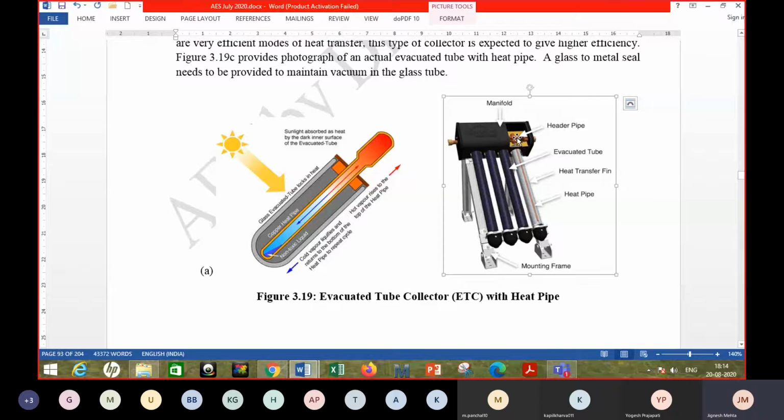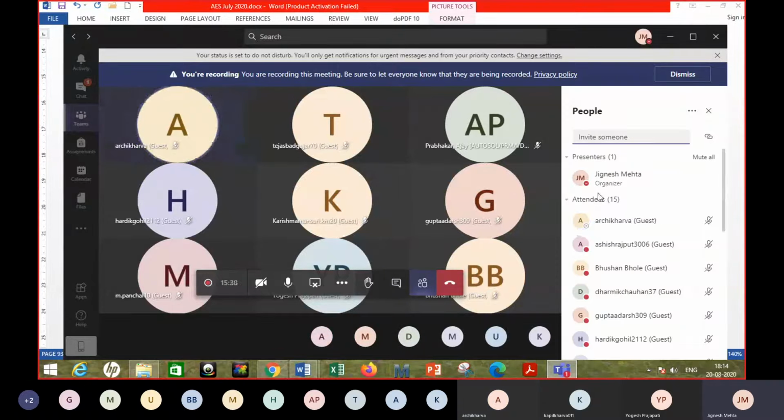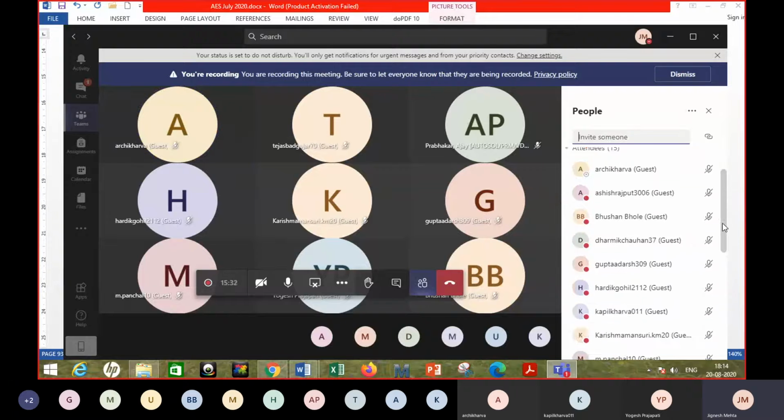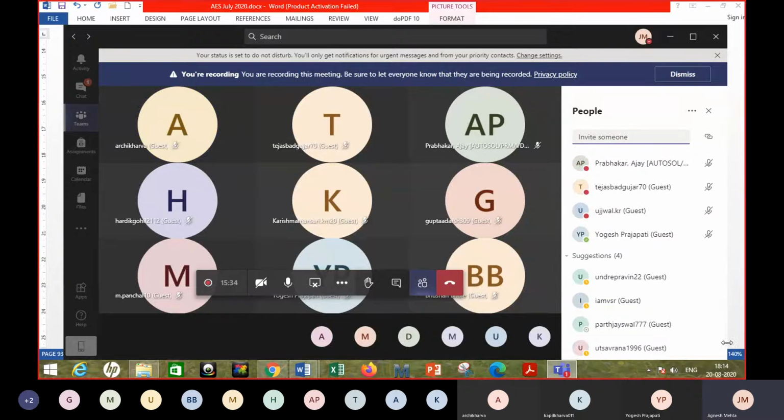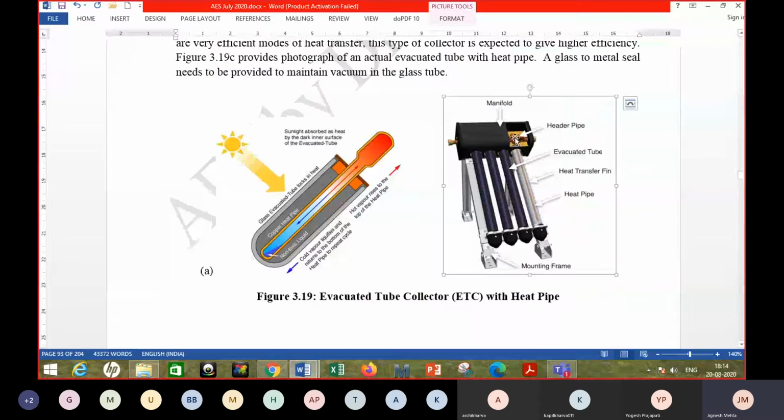So the condenser portion is shown in the figure. So that's here, right? And the evaporator portion is this long tube that is seen here.